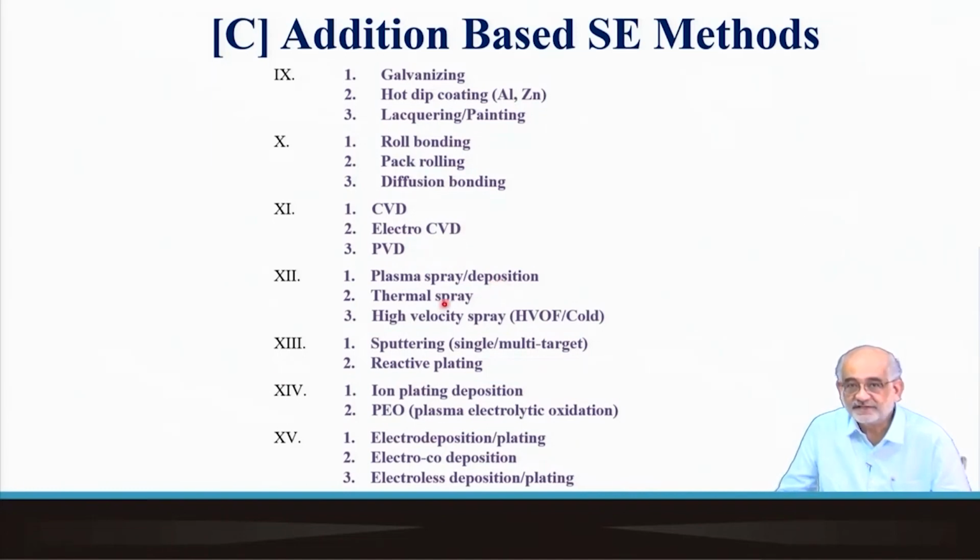You can use thermal spray, which is, as the name suggests, basically you activate materials to a very high thermally activated state and then you spray it on top, and because of plasticity, because of high temperature and diffusion associated with that, you create a thin or a thick layer depending on duration of the process.